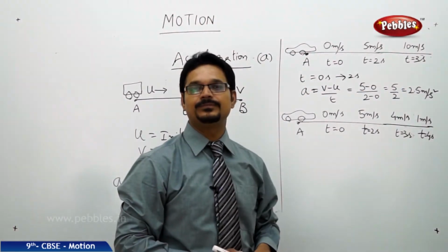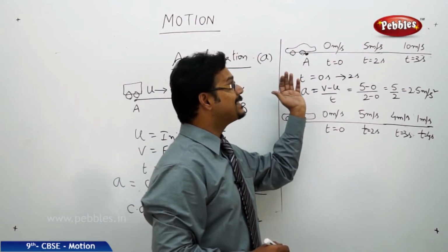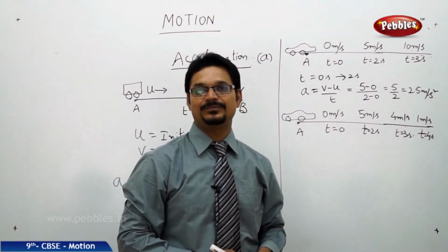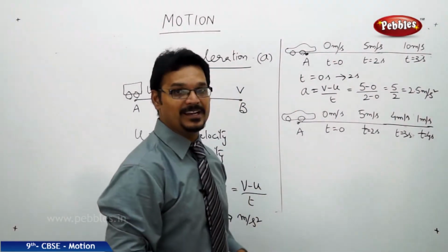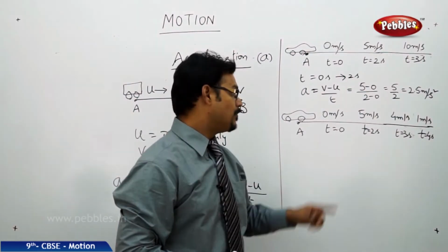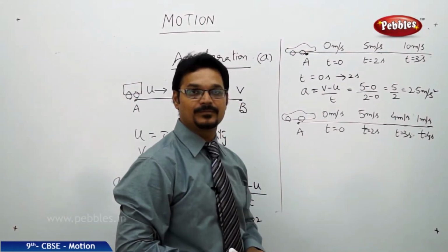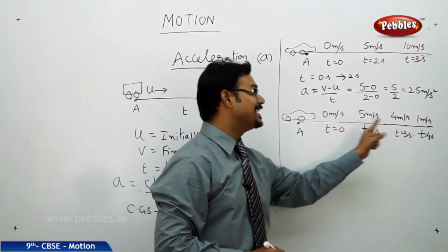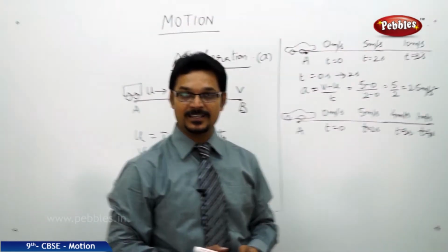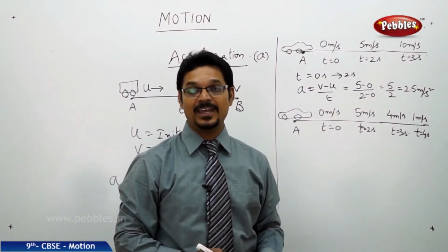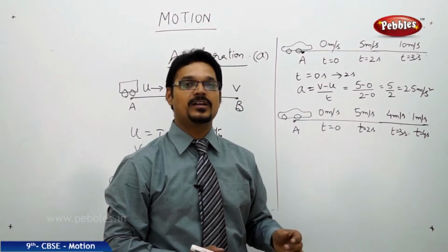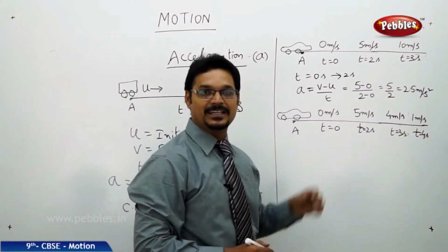If the speed increases uniformly, the change in velocity increases uniformly. But in the second diagram, the speed is decreasing. Then do we say the car is accelerating? Yes, you can, but you say the car is negatively accelerating, or you can say the car is decelerating.